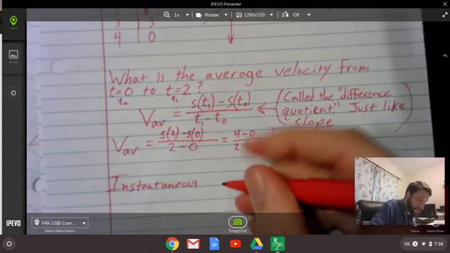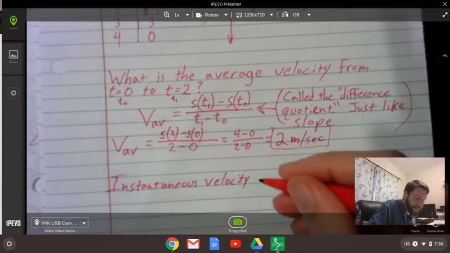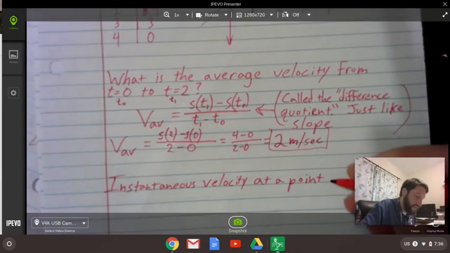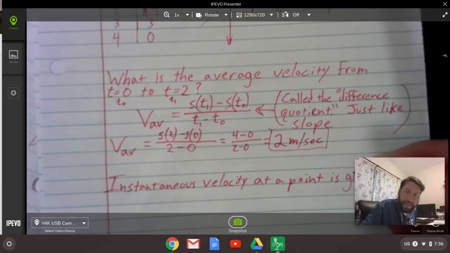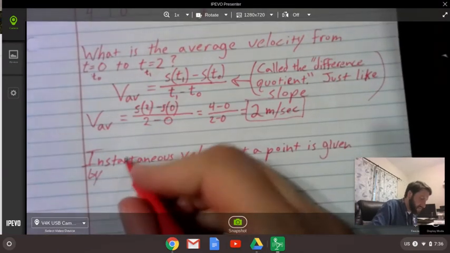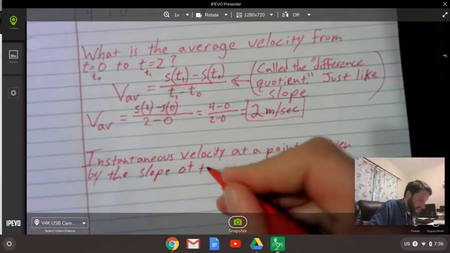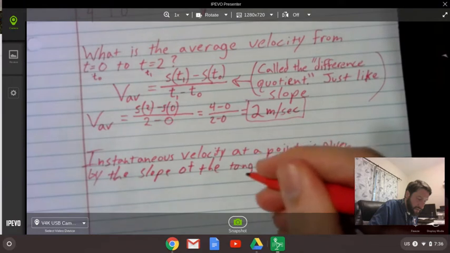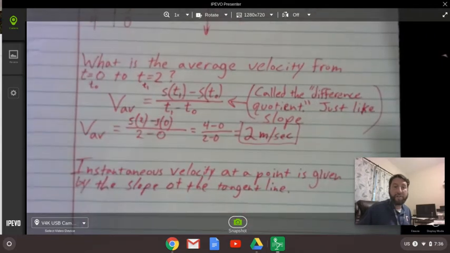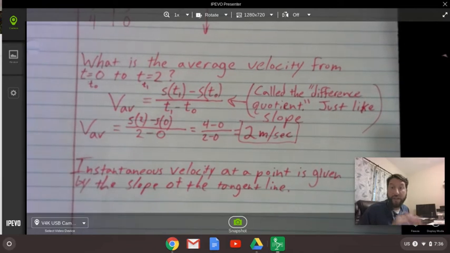Instantaneous velocity at a point, it's always going to be at a single point, is given by the slope of the tangent line. So instantaneous velocity at a point is given by the slope of the tangent line to that point.